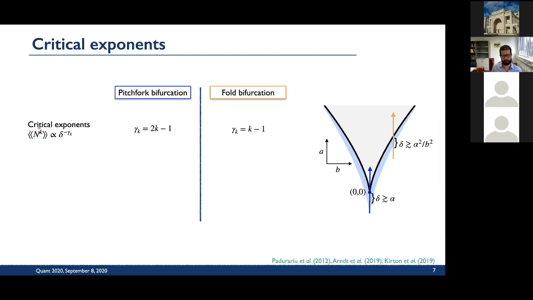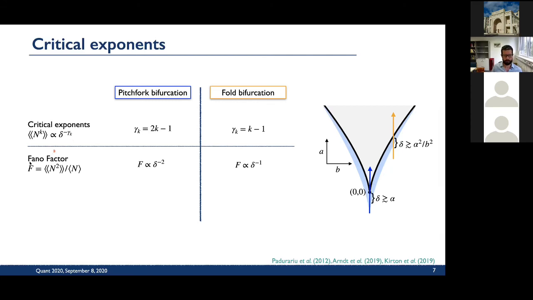We want to know how the magnetization diverges as we approach a phase transition, or sometimes the second moment, but the higher moments don't appear because everything is Gaussian. Whereas here, all cumulants follow a universal behavior, and all of them have critical exponents. And the critical exponents for the pitchfork bifurcation are different from the ones in the fold bifurcation.